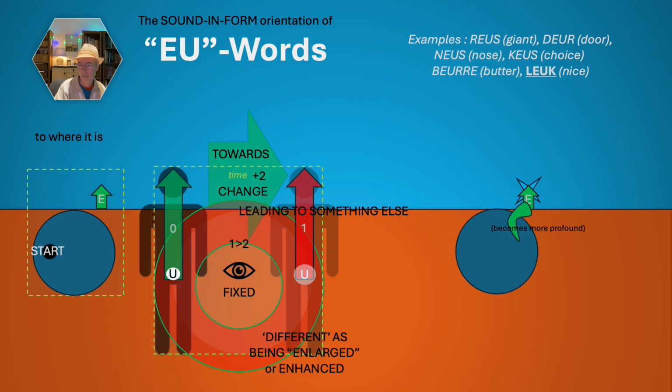LEUK then, which means nice. The L itself is always a reference to physicality that is made visible, and you also focus on what I have here as the extras, with the K breaking it a little open.